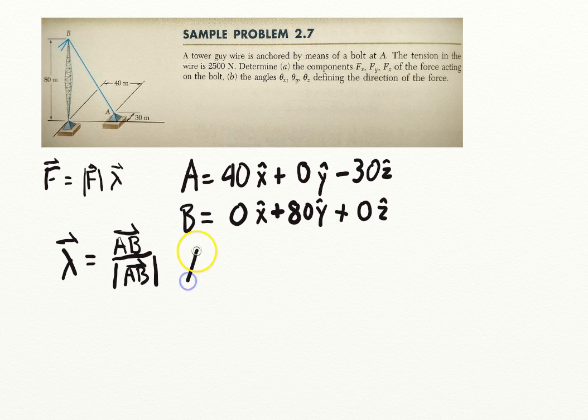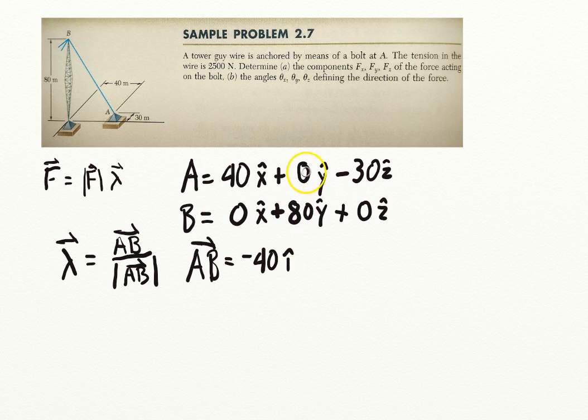Now the AB vector, I can get just by subtracting the two. And I'll use the I hat, J hat, K hat notation. So first I've got minus 40, and this is in meters, in the I hat direction.